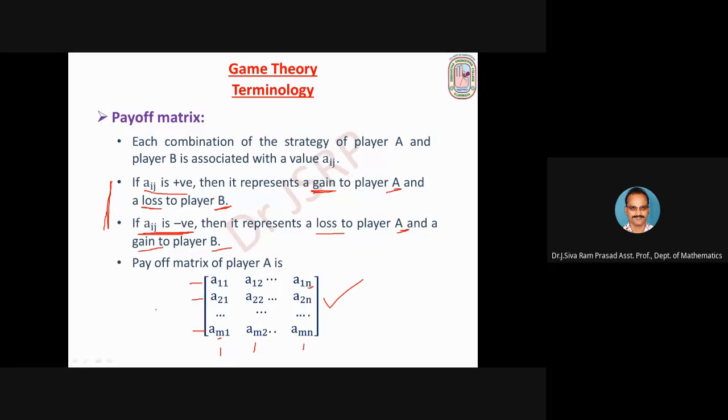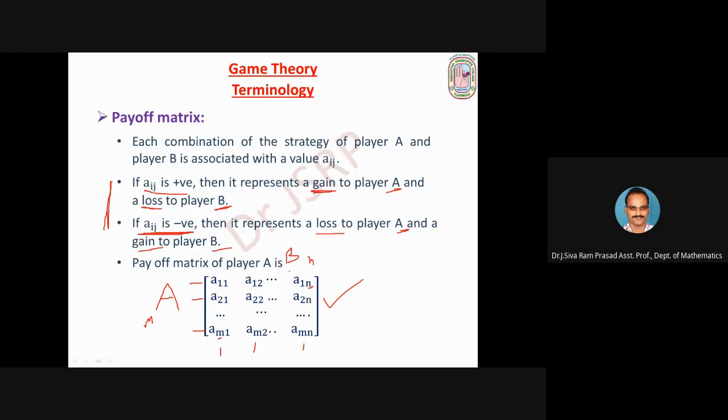Generally the strategies of player A are in rows and the strategies of player B are in columns. So player A has m strategies and player B has n strategies.